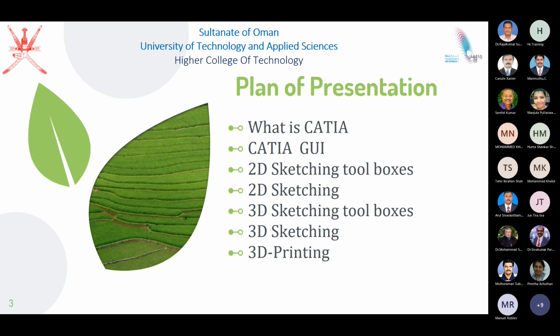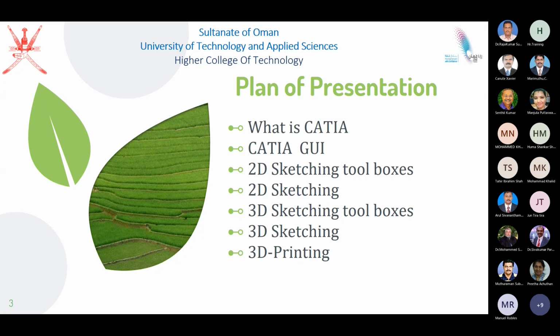And about the 2D sketching toolboxes. What 2D sketching toolboxes are available with CATIA software, and some 2D sketching practices. We'll see some exercises. And 3D sketching toolboxes. What the different 3D sketching toolboxes are, some practice 3D sketches, and even 3D printing.